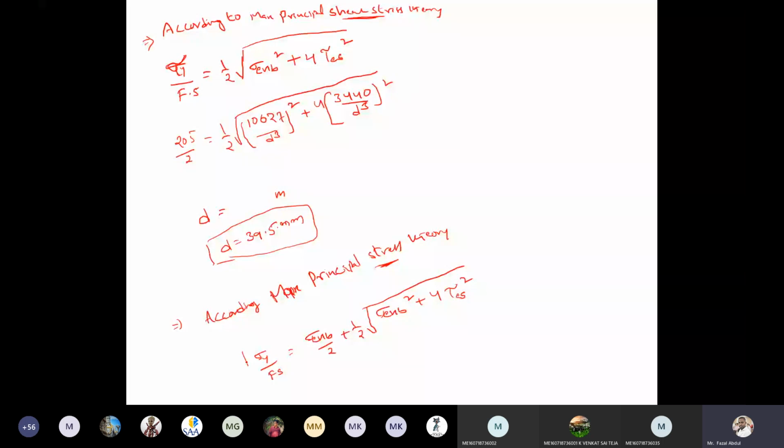This is not given in the question. I am giving it additionally, because if you practice more and more, you will remember the formulas.